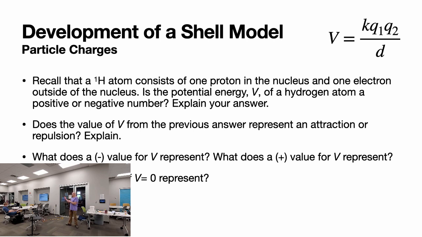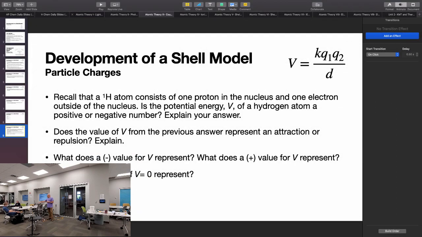And besides having a neutron, in reality, you can get to a 0 if the distance is large enough that the value for V is so insignificant we just ignore it.